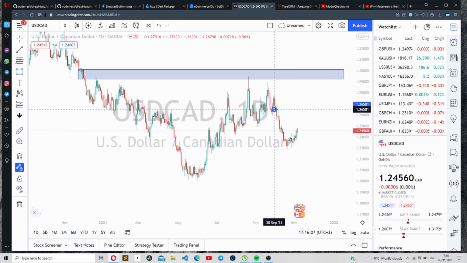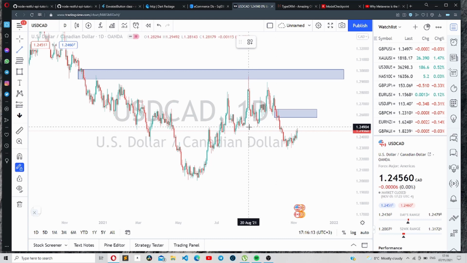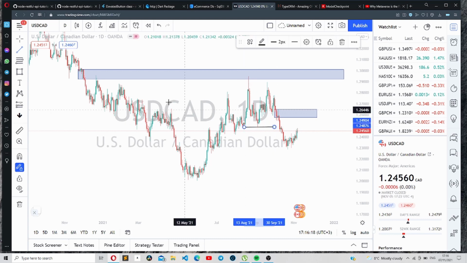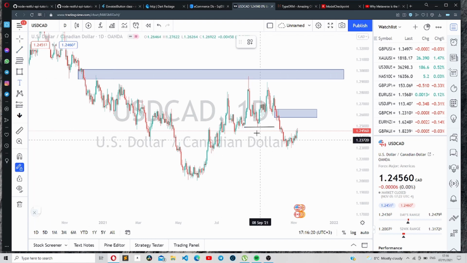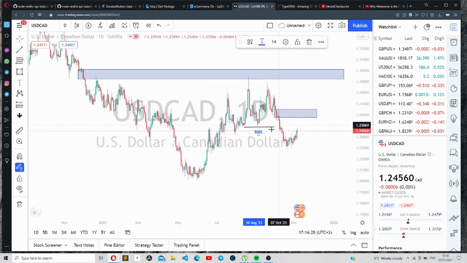The market gave us this supply zone, and the market also broke this structure. I'm going to label it BMS, which simply means break of market structure.